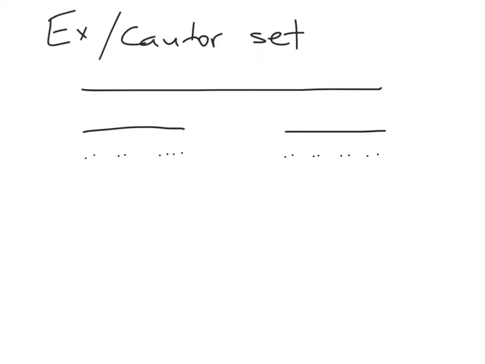For the Cantor set, we're scaling down by a factor of 3. So scale equals 3, but copies is just 2. We scale this piece down by a factor of 3, we copy it once, and we copy it a second time.